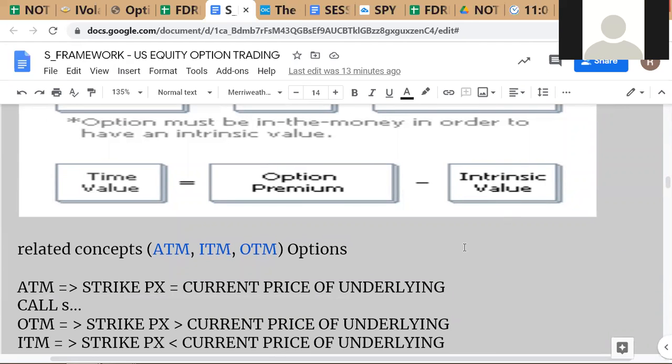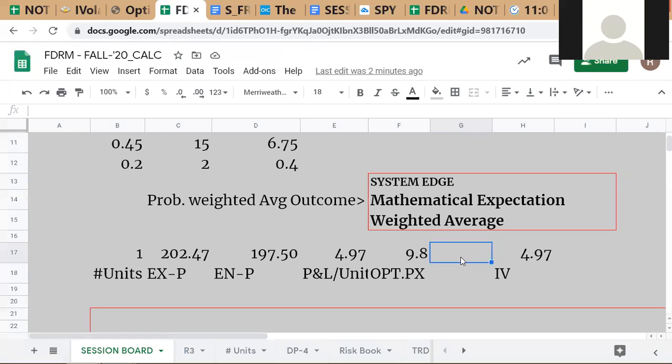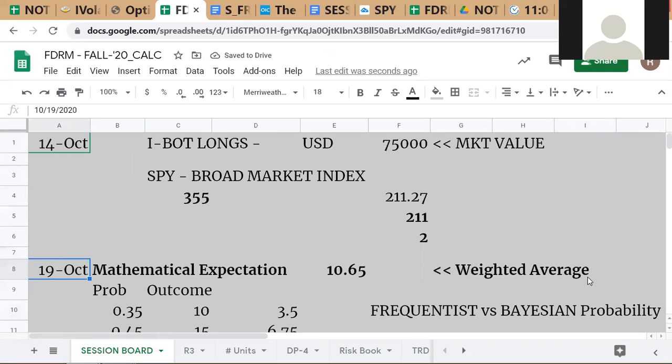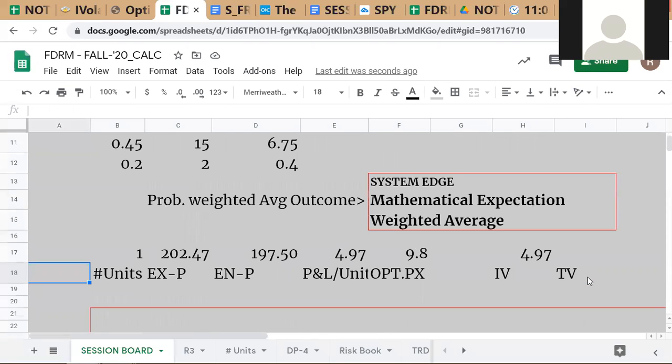In our calculations, remember, we are ignoring the transaction costs and all that. This is normally what we assume when we write the components. We will assume that there are no transaction costs. So if I want to write TV, let's put today's date. Today is 11/2. Good.